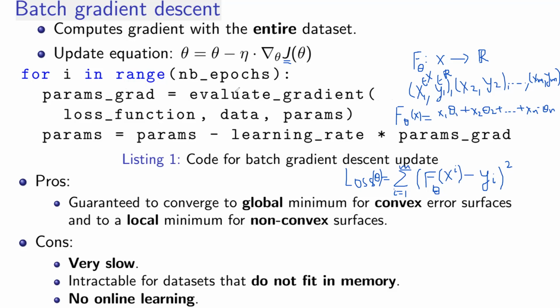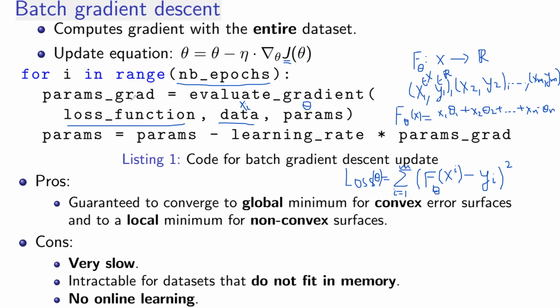So that's how it works. But this is the batch. All of them, x1, x2, etc., xn, are in our batch. So we have some number of epochs. This is the number of iterations, basically. So we find the gradient of our loss function on our data xi and our parameters theta.